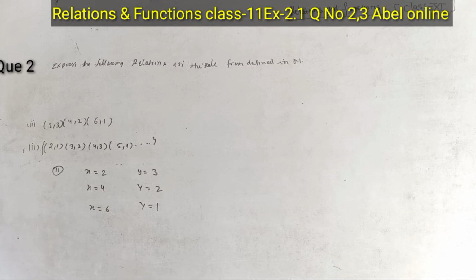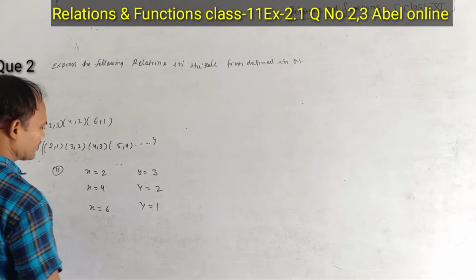These are some values, and we just have to check whether it is in AP or not. Y is 1, 2, 3, so it is in AP.